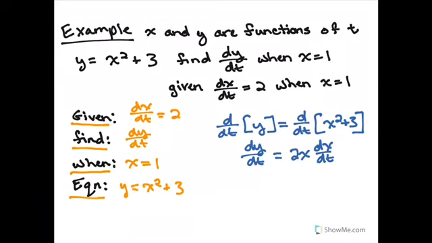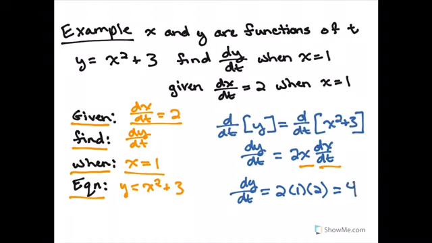And the derivative of 3 is 0. So I have everything I need now to solve for dy/dt because I know what x is. x is 1 from over here. I know what dx/dt is because it was given to me here. So we just need to plug in, and I get dy/dt equals 2 times 1 times 2 equals 4.